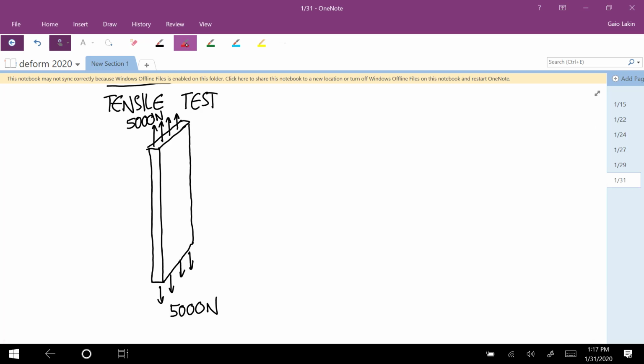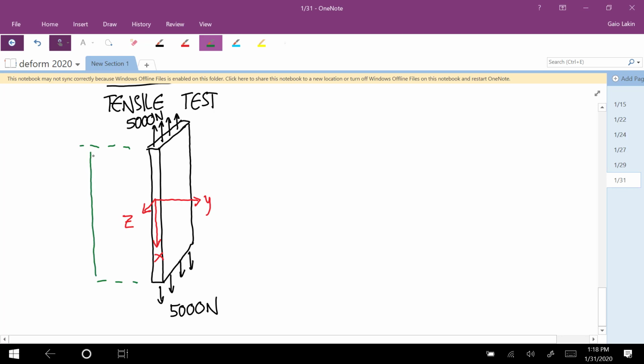And we're going to use a coordinate system. For this, we'll always use a coordinate system where the x-axis is along the long axis. Other than that, it doesn't matter which way the axes point. So let's call this x, this y, and this z. And before the deformation, the length is 0.1 meters, so 10 centimeters.